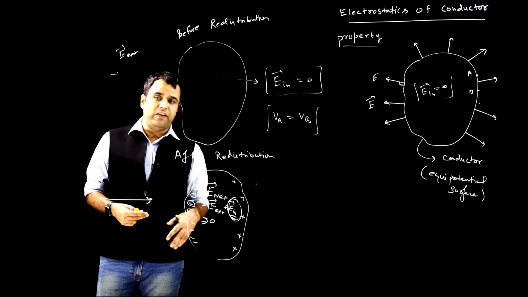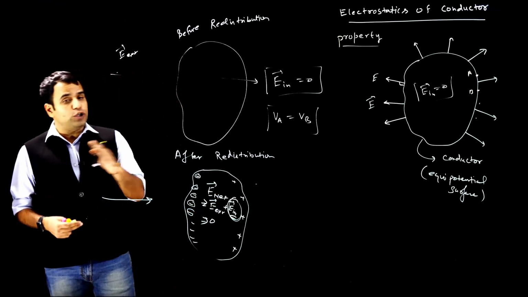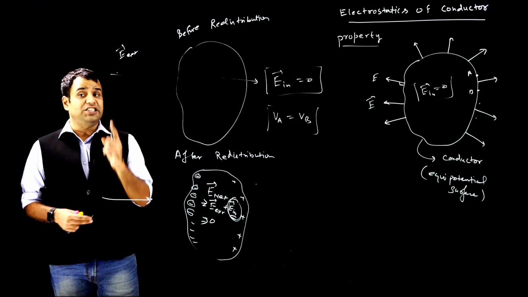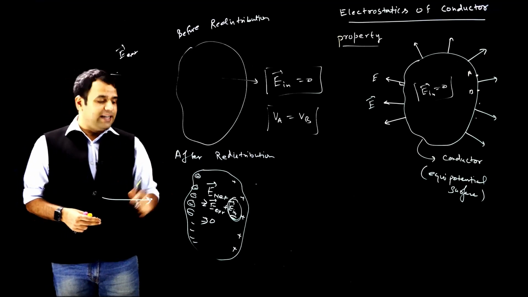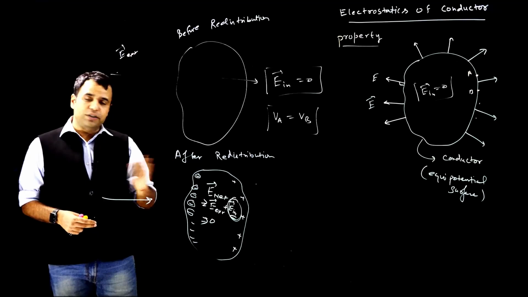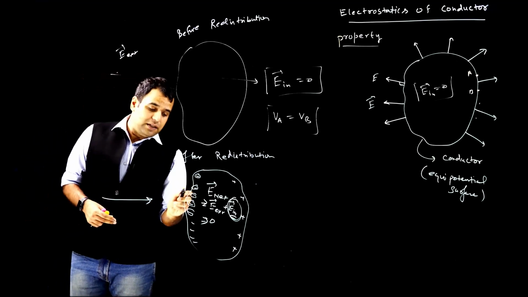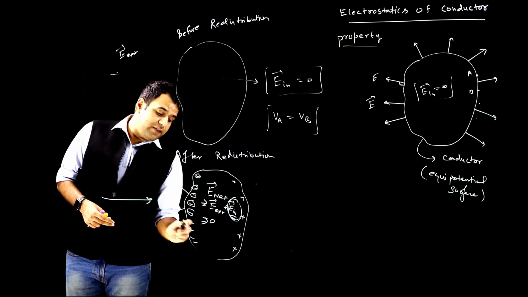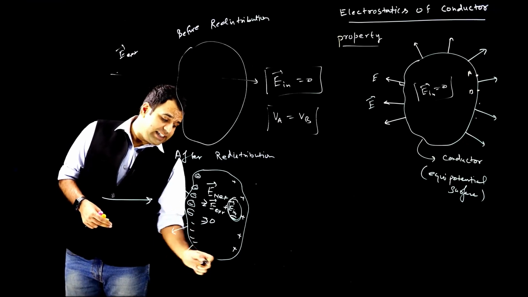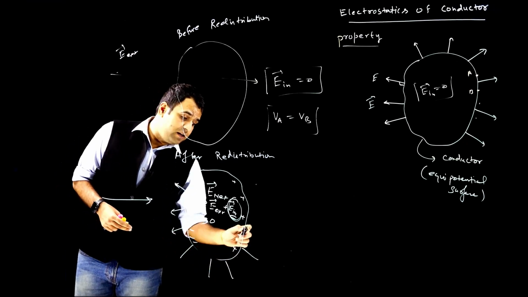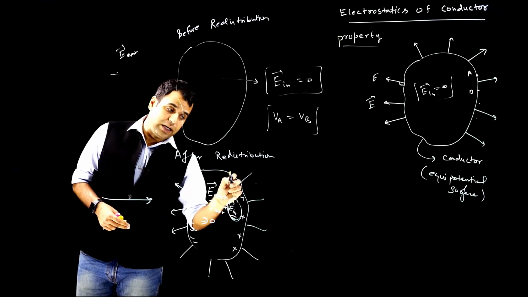But this own electric field will also change the field outside the conductor. I said change, I didn't say nullify. Inside it will nullify, but outside it will change. So what will happen? The net electric field at each and every point of the surface will be perpendicular.